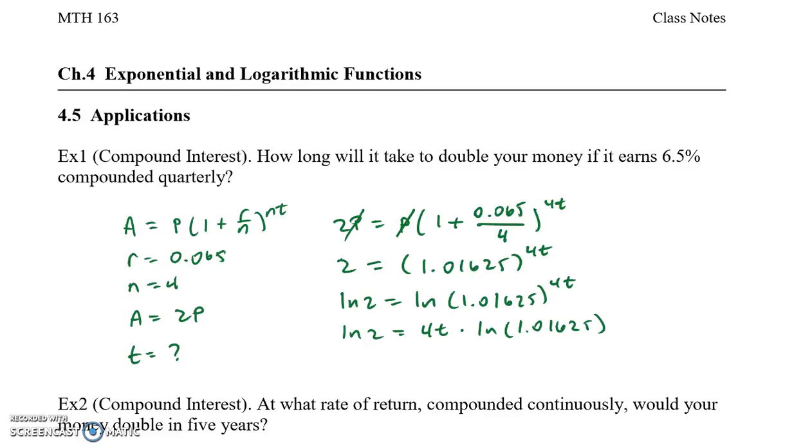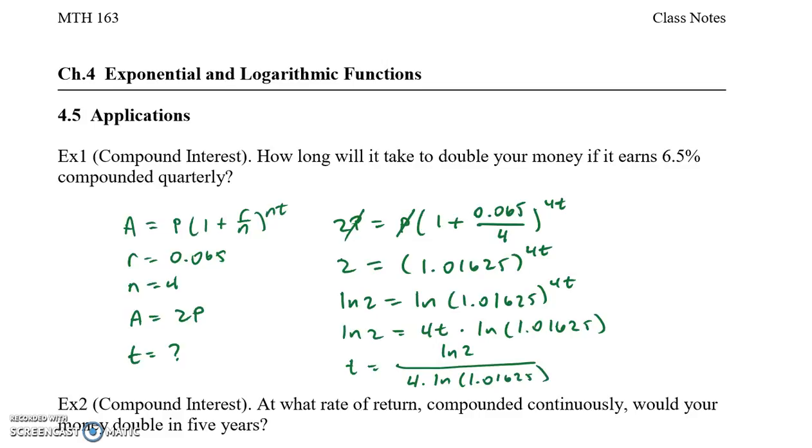Then we can simply divide to solve for t. We would divide both sides by 4 and by the natural log of 1.01625. So t should be equal to the natural log of 2 all over 4 times ln 1.01625.